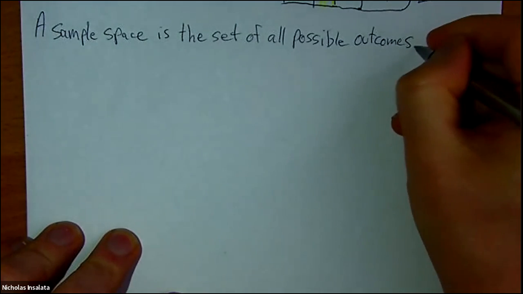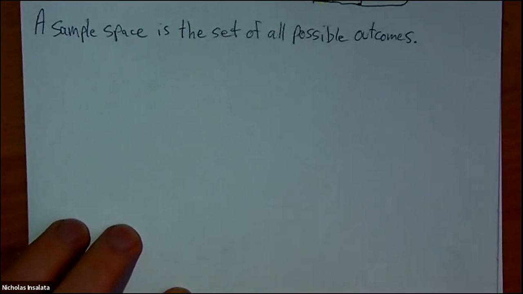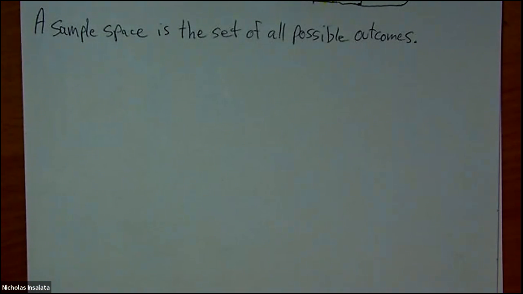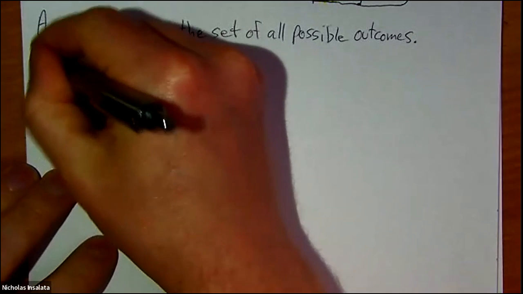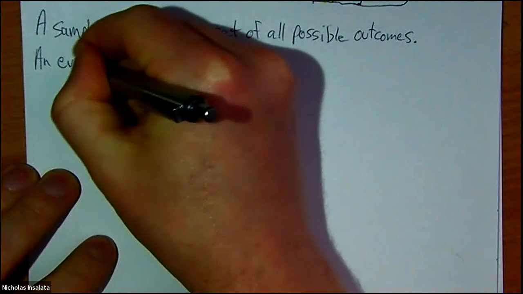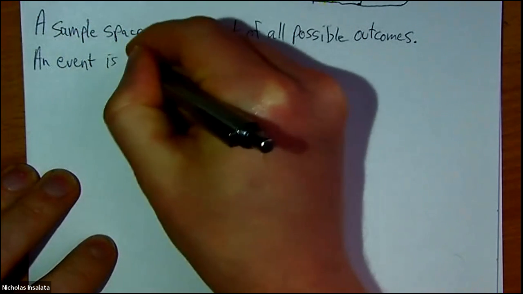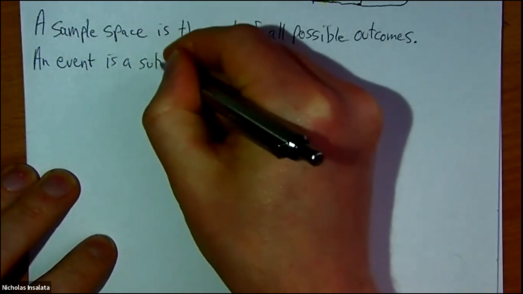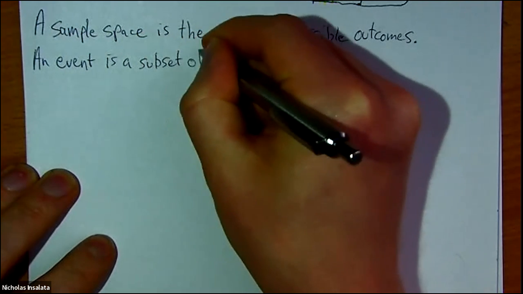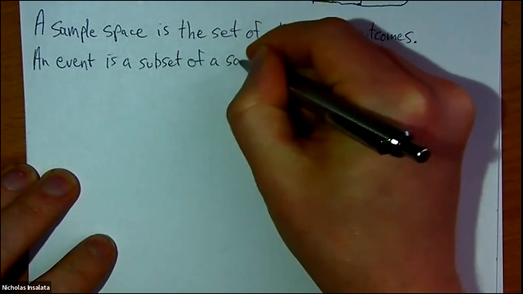The outcomes of a process, of choosing things, outcomes of an experiment, it says, right? And an event is a subset of a sample space.